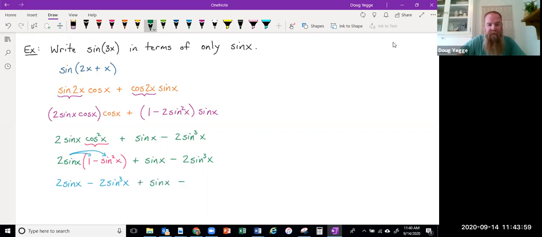The sine x terms can combine and the sine cubed x terms can combine. And therefore we could see that the value of sine of 3x, which was what the original goal was, is the same thing as 3 sine x minus 4 sine cubed of x.